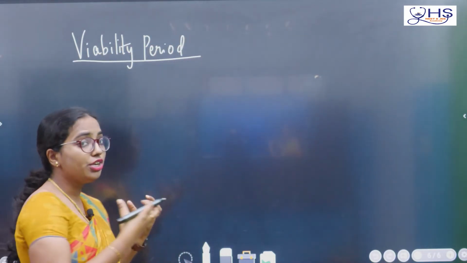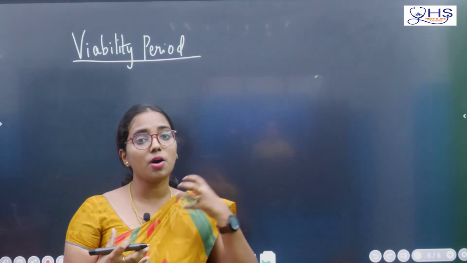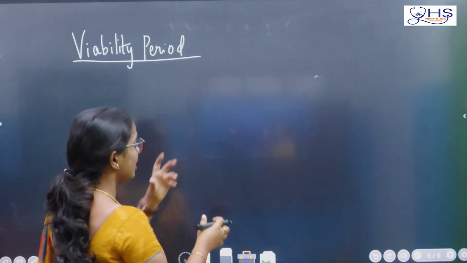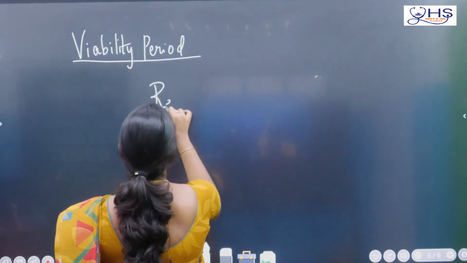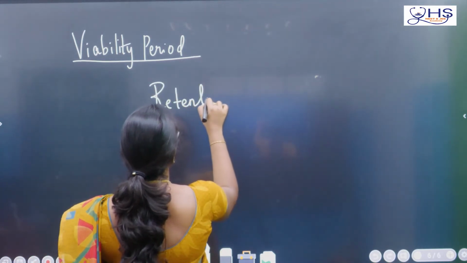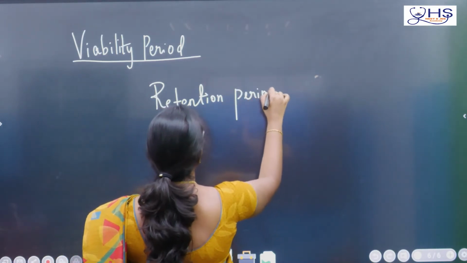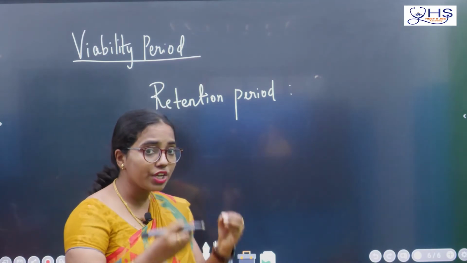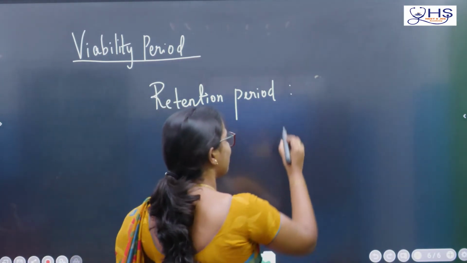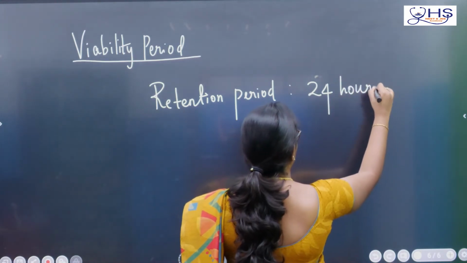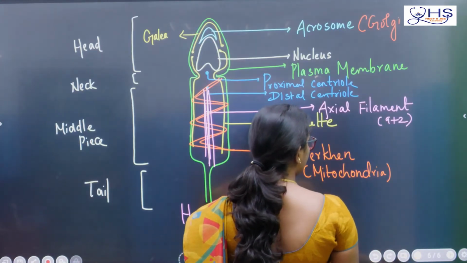The ability of the sperm to fertilize the egg. The time for which the sperm can fertilize the egg, at maximum, is 24 hours. Okay, so this is the structure of sperm.